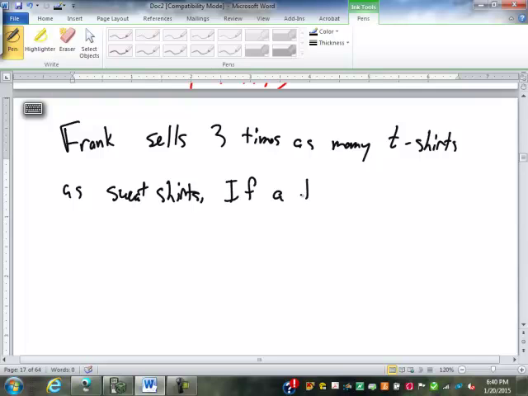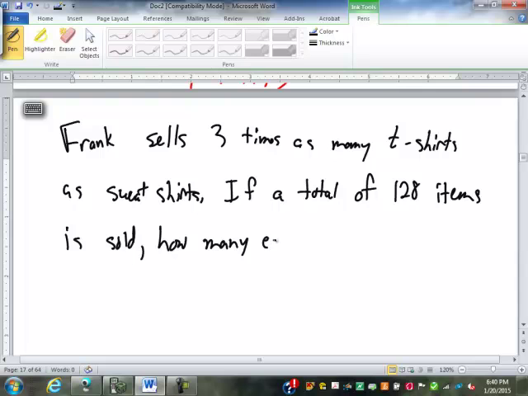If a total of 128 items is sold, how many of each did he sell? So now there are two things that we're trying to find here. In order to do that, we're going to have to define our variables to make sure we know what's represented by the variable and what's represented by some other expression.